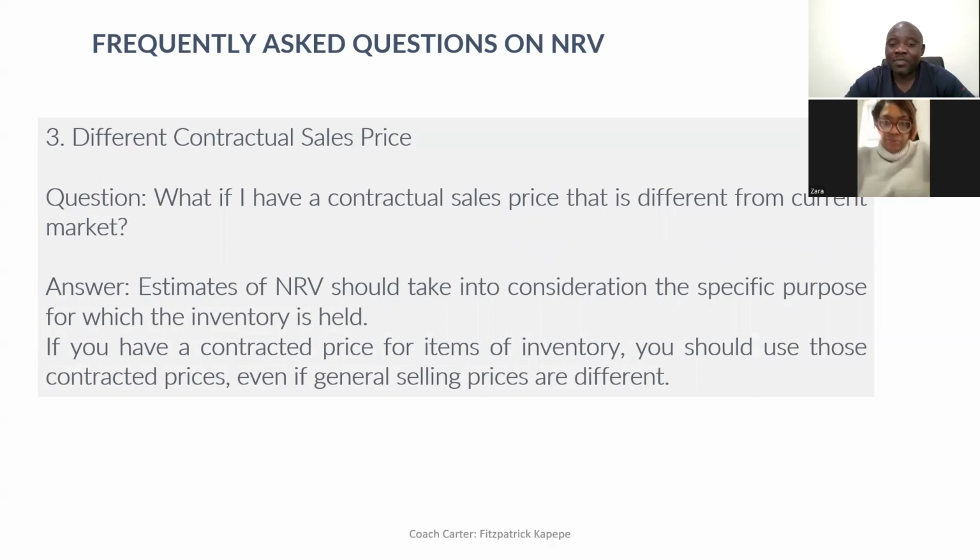If you have a contracted price for items of inventory, you should use those contracted prices, even if general selling prices are different, because those are contracted prices. How do you move away from your contracted prices? That's binding, isn't it? Legally. Sure.